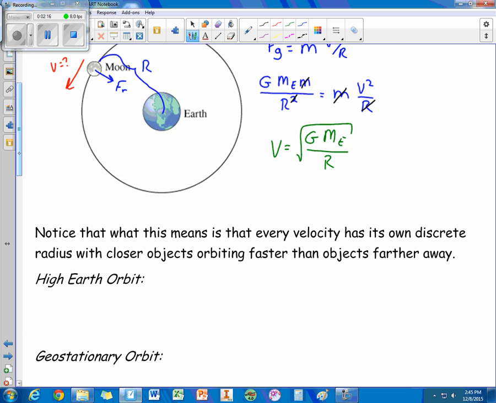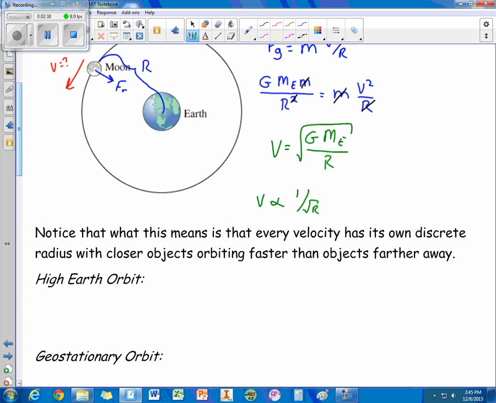So notice that what this means is that every velocity has its own discrete radius, where closer objects must orbit faster than objects farther away, and that this velocity is proportional to 1 over the square root of the radius.